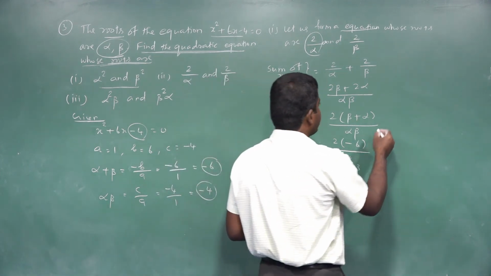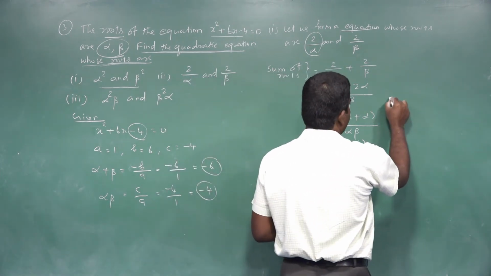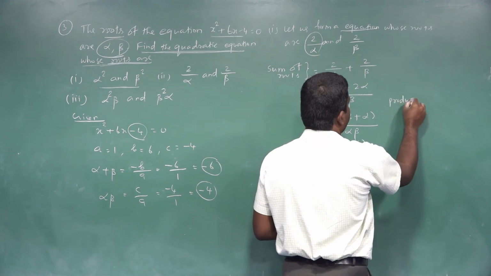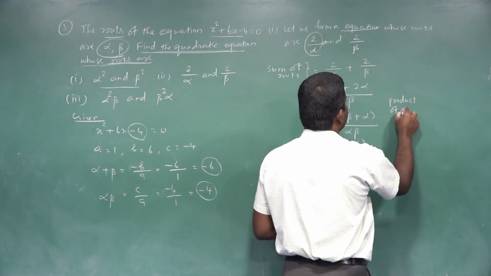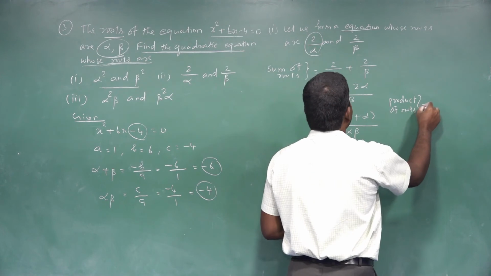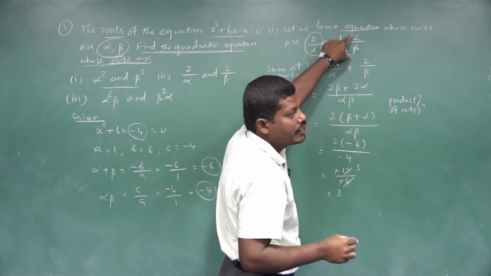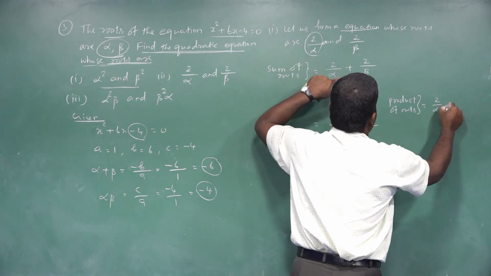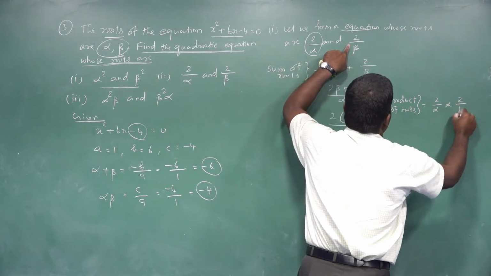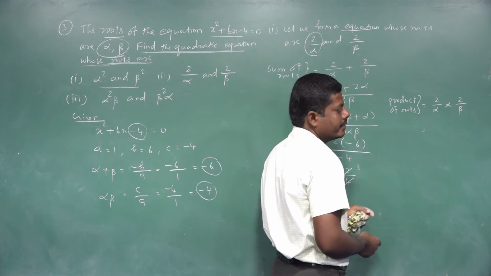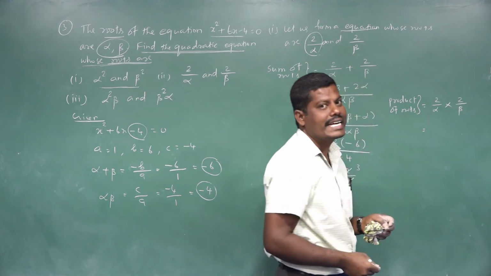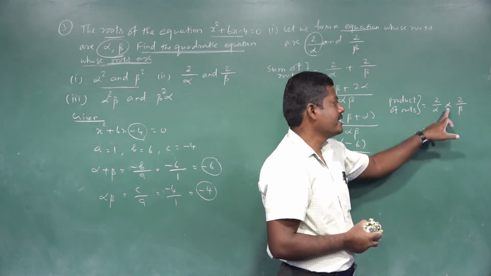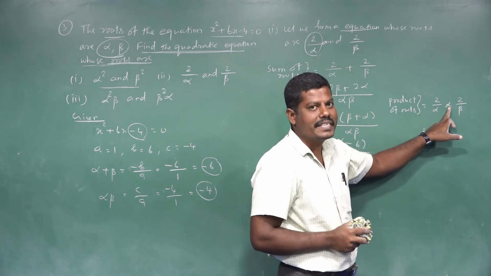Next you find the product of roots. Product of roots is equal to the product of these two roots: 2 divided by alpha multiplied by 2 divided by beta. Understand? This is multiplication, so you don't do cross multiplication. Addition and subtraction mean you do cross multiplication.